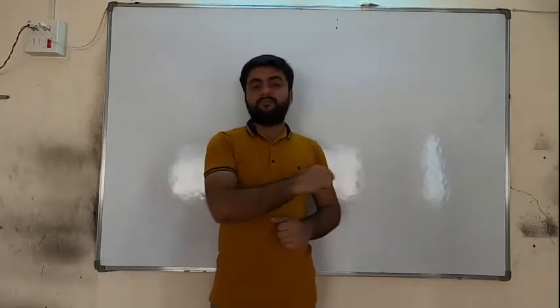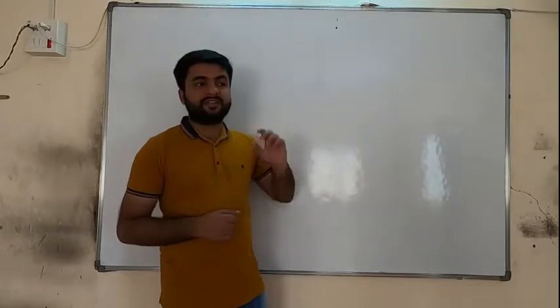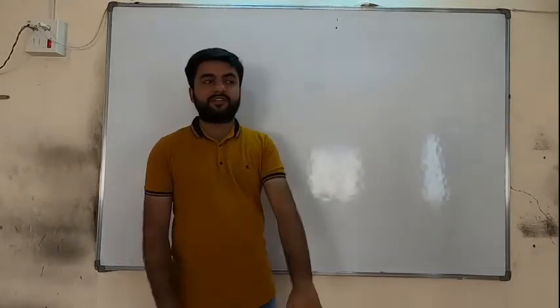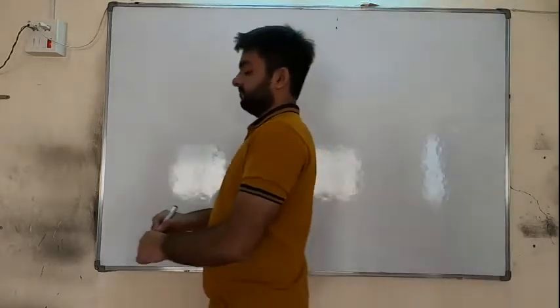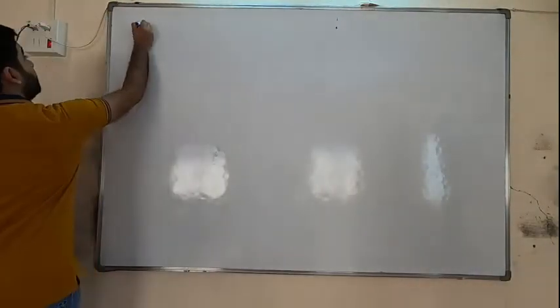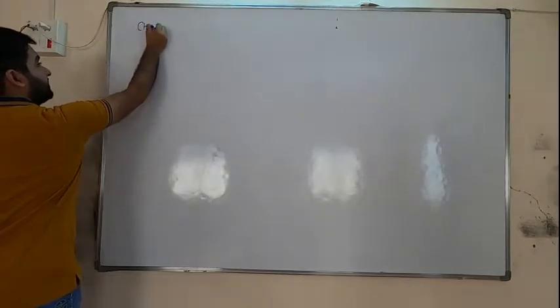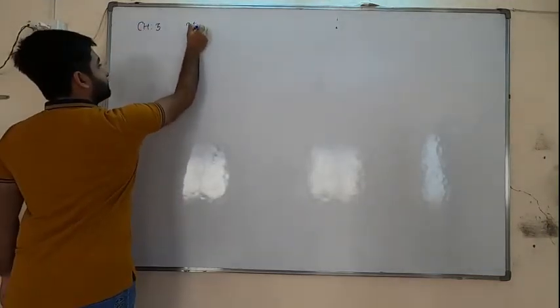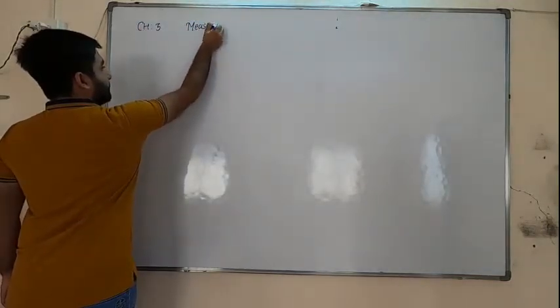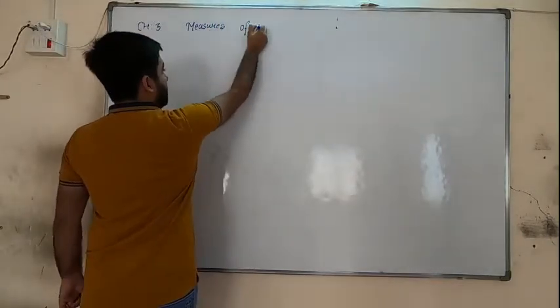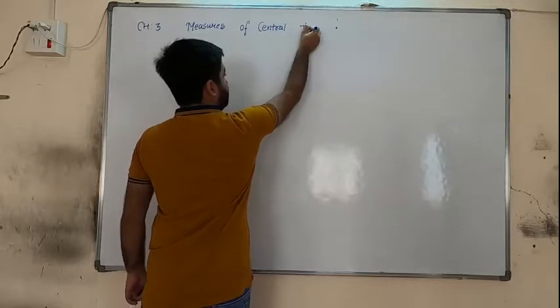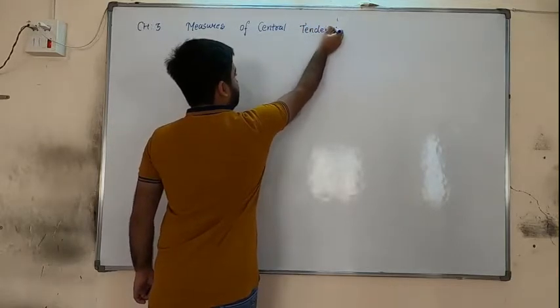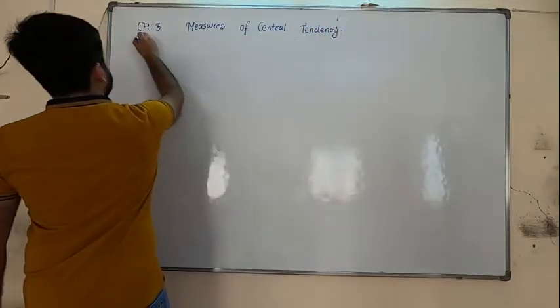Okay, so now we are writing the formulas for this mean. Let us first write the name of the chapter. Take your notes. Chapter number 3, measures of central tendency.